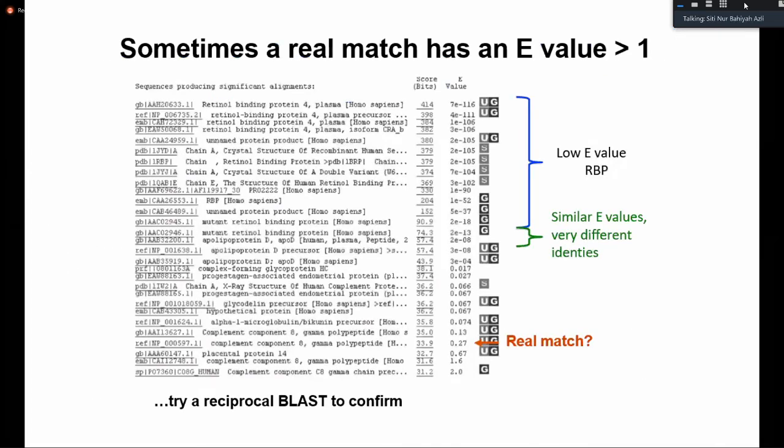Okay, so moving on, we're going to talk about more issues or problems in BLAST. Sometimes a real match has an e-value of more than 1. Is it possible? It is possible.